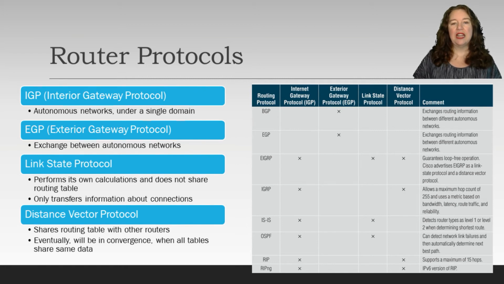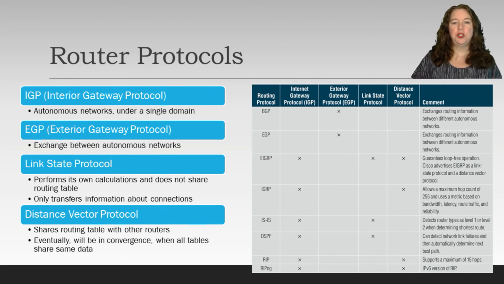It sends that to other routers and lets them know this is what my routing table looks like. When you do that, eventually all the routers will be in a state of convergence because they'll all be sharing the same data. Every time you update your data, you send it off to all the other routers for the routers to understand. Okay, those are the basic types.